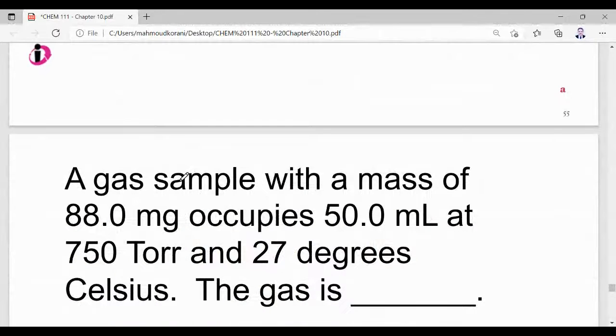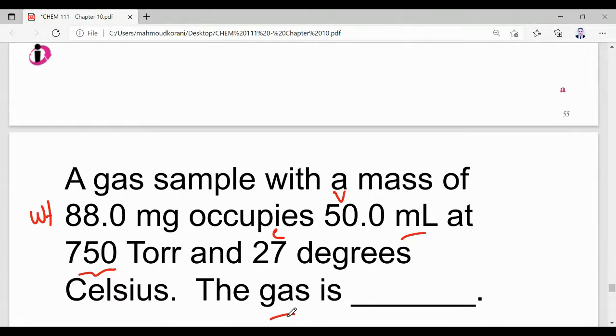A gas sample with a mass, I'm giving you the weight, occupies a volume in milliliters at a pressure in joules, and a temperature in Celsius. The gas is what?